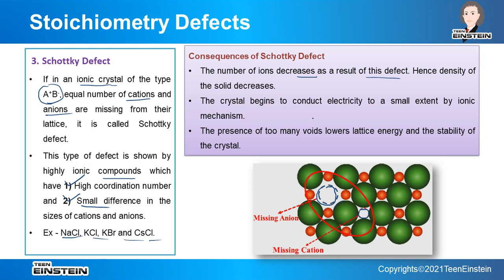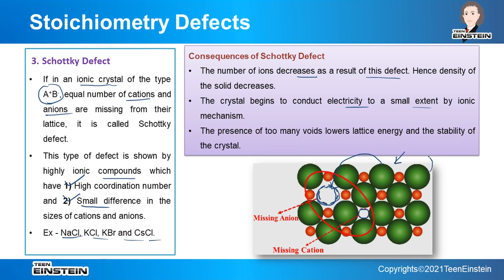The crystal begins to conduct electricity to a small extent by ionic mechanism. Now it is because when cations and anions are missing, basically there is generation of holes. So it may be that one of the other anions will come to this place, so a new vacancy or a new hole will be created here.